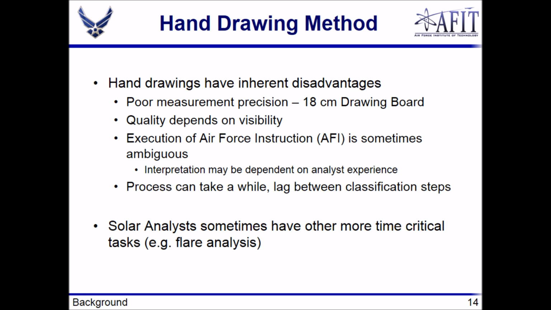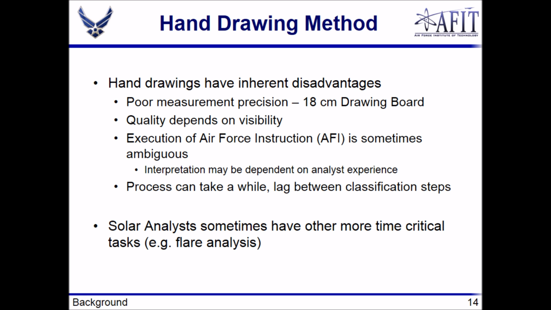The Air Force instructions for classifying these sunspot groups can sometimes be ambiguous, and so the interpretation of those guidelines can often depend on the analyst's experience. And frankly, the process can take a while, so there can be lag between classification steps that can introduce error to the process. So that's a disadvantage there.